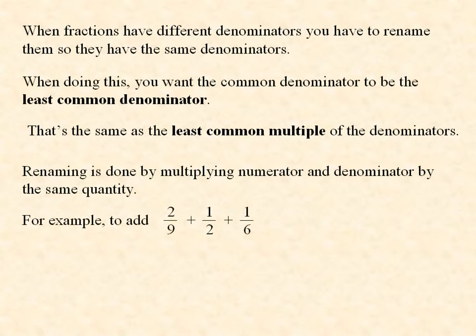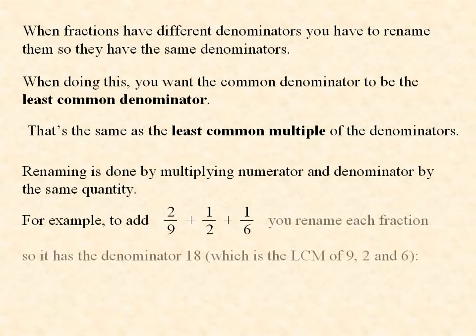For example, to add 2/9 plus 1/2 plus 1/6, you rename each fraction so it has the denominator 18, which is the least common multiple of 9, 2, and 6. So we multiply 2/9, numerator and denominator, by 2 over 2, and 1/2 by 9 over 9, and 1/6 by 3 over 3, because that makes each of the denominators equal to 18.